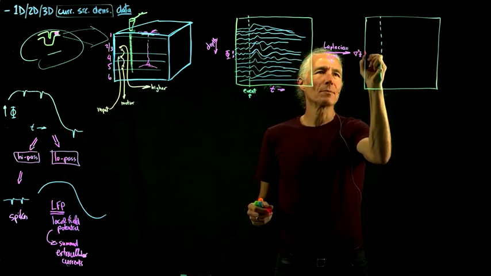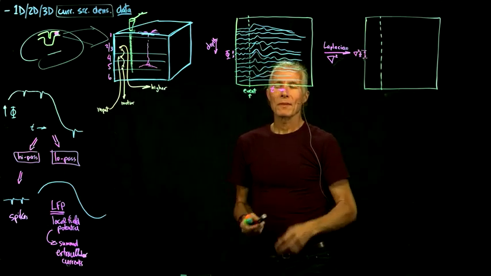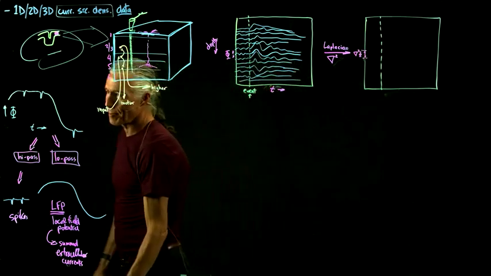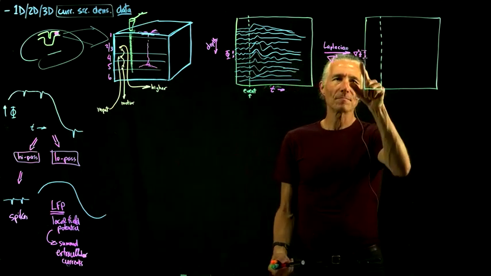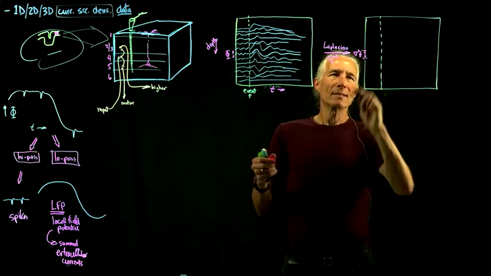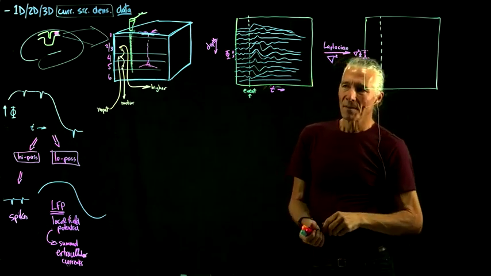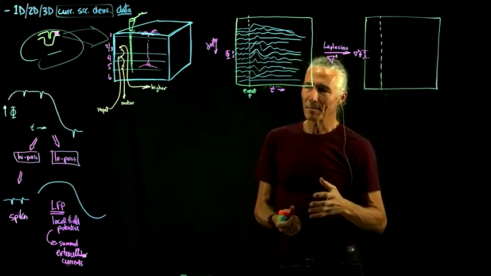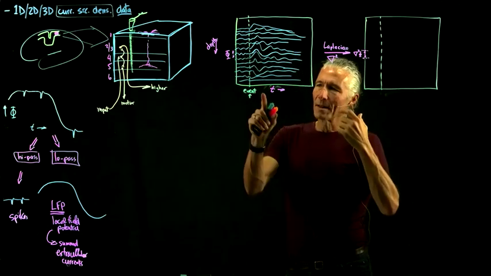So for each depth there's going to be a graph. And then we said, so what is the Laplacian? The Laplacian was the second spatial derivative of something, the potential. And what is the second spatial derivative? It's basically the curvature. And how do you estimate the curvature? Because the first derivative is the slope, the second derivative is the curvature.